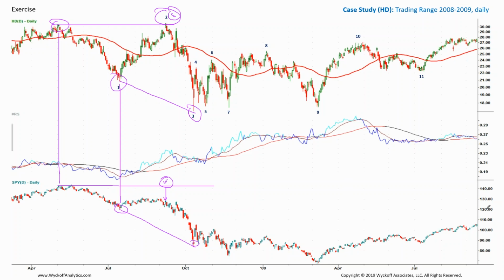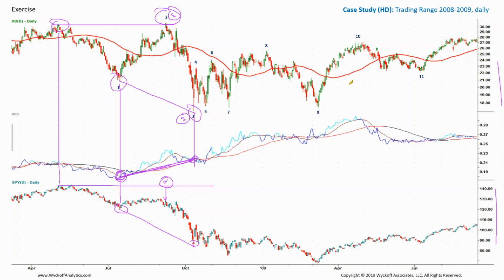Again, think about the scales. They are different, so you have to be cognizant of that. So we look at the relative strength line. Here is this low, and here is the low at point number 3. What do we see here? An upslope or downslope? We see an upslope, so Home Depot is stronger. Home Depot is stronger at point number 3.